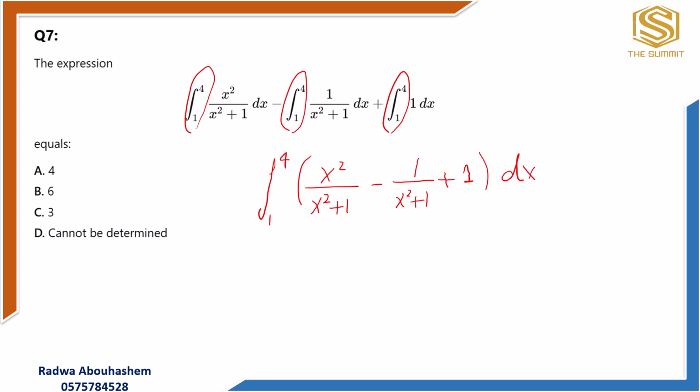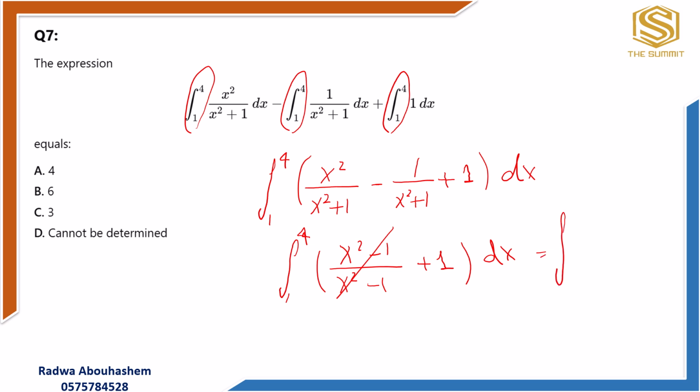Good. Act smart again. Look here, you have the same denominator, so I could combine it. Here, it's minus 1. Again, I could cancel this with this, right? So I'm left with the integration for 1 plus 1, which gives me 2.